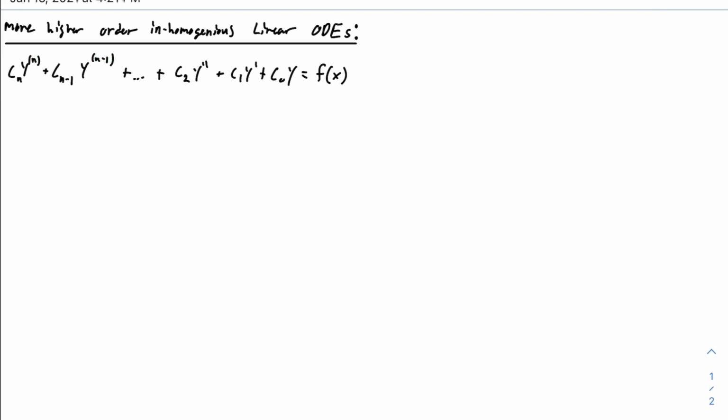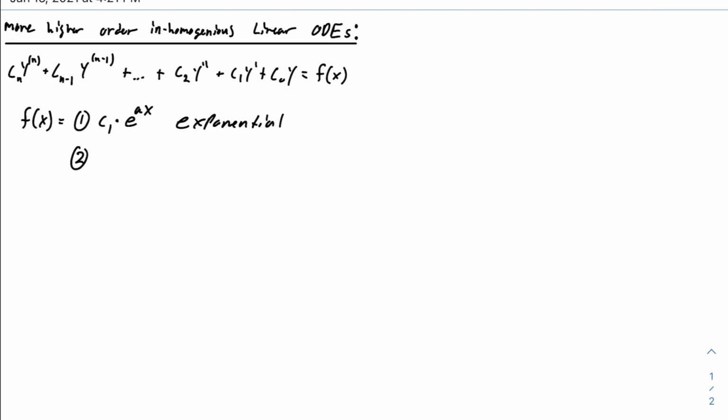And specifically, I have two types of f of x's that come up pretty common. So number one is, it doesn't really matter, but let's just say some constant times e to the a times x. So this is basically an exponential.